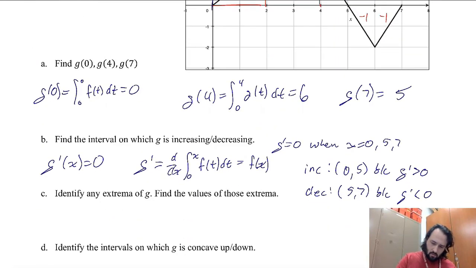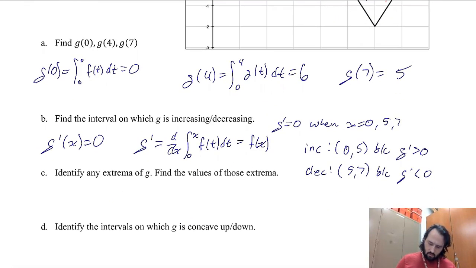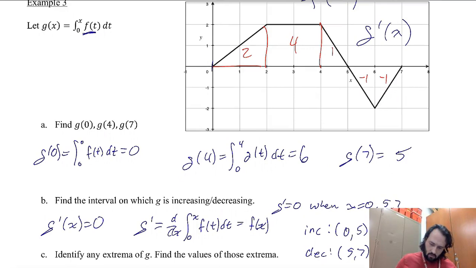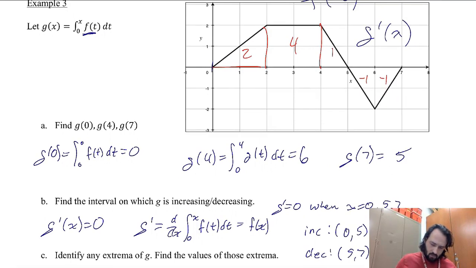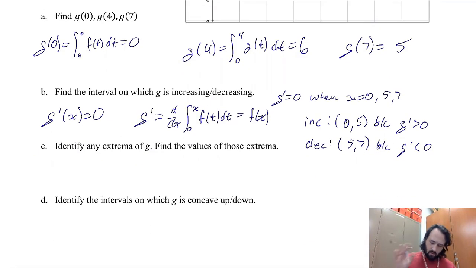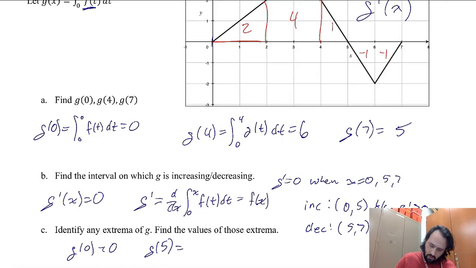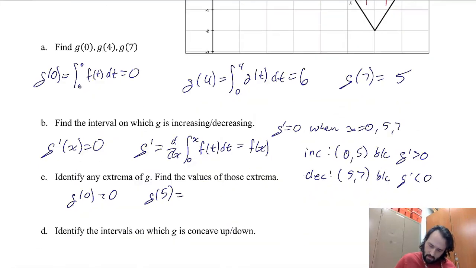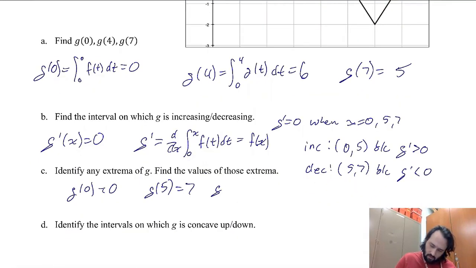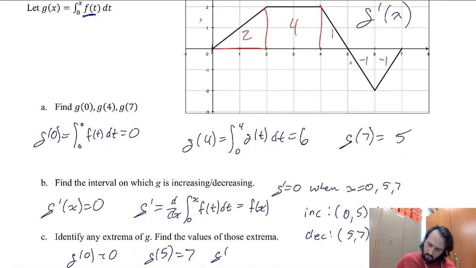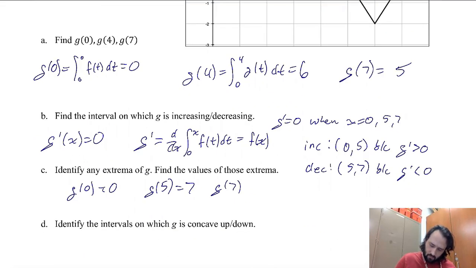It's okay. Yeah, because g of 0 is 0. Okay, sorry. So I need to check g of 0, which is 0. I need to check g of 5, which is 7. I need to check g of 7, which is 5.